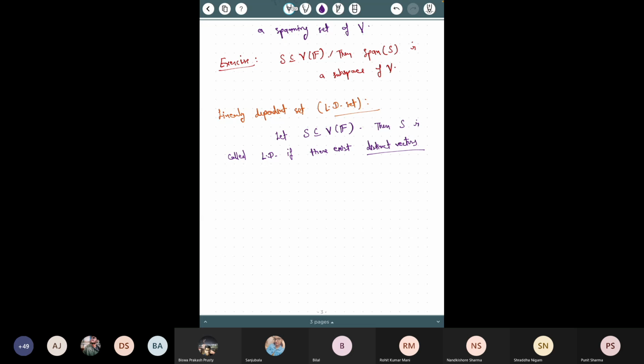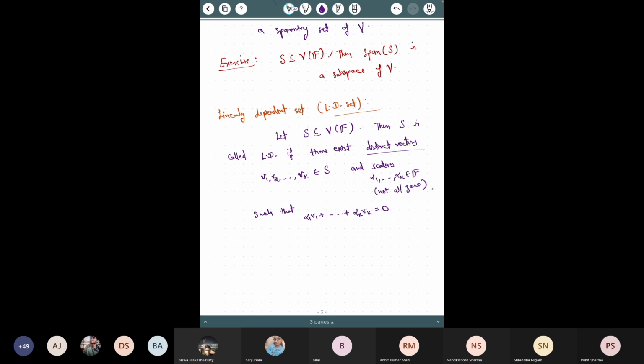There exist distinct vectors v1, v2, and so on up to vk in S, and scalars alpha 1 to alpha k in F, not all zero, at least one of these scalars is not zero, such that alpha 1 v1 plus so on up to alpha k vk is zero.